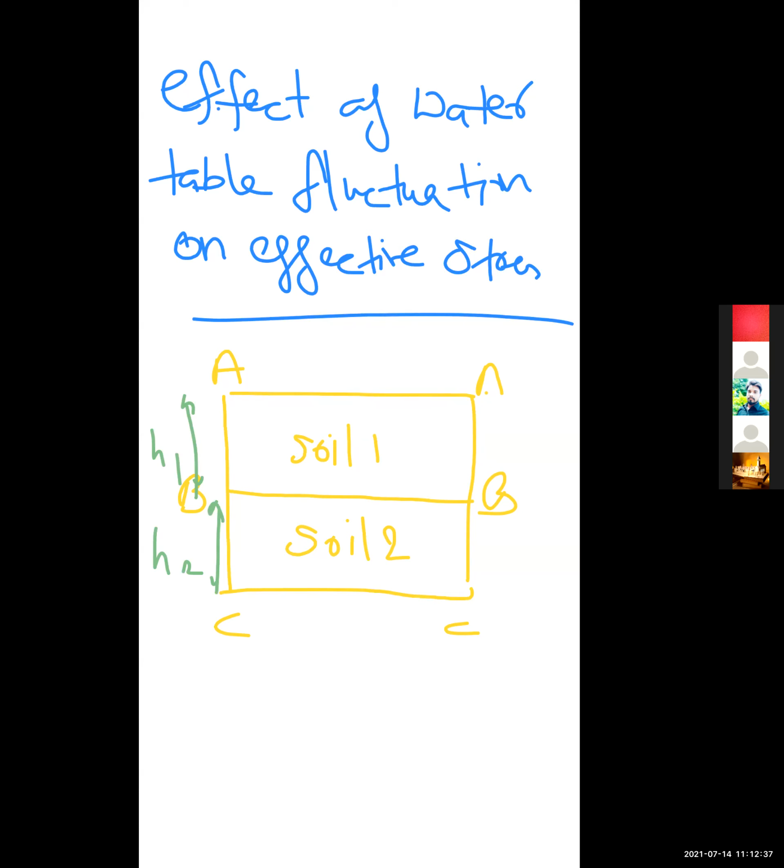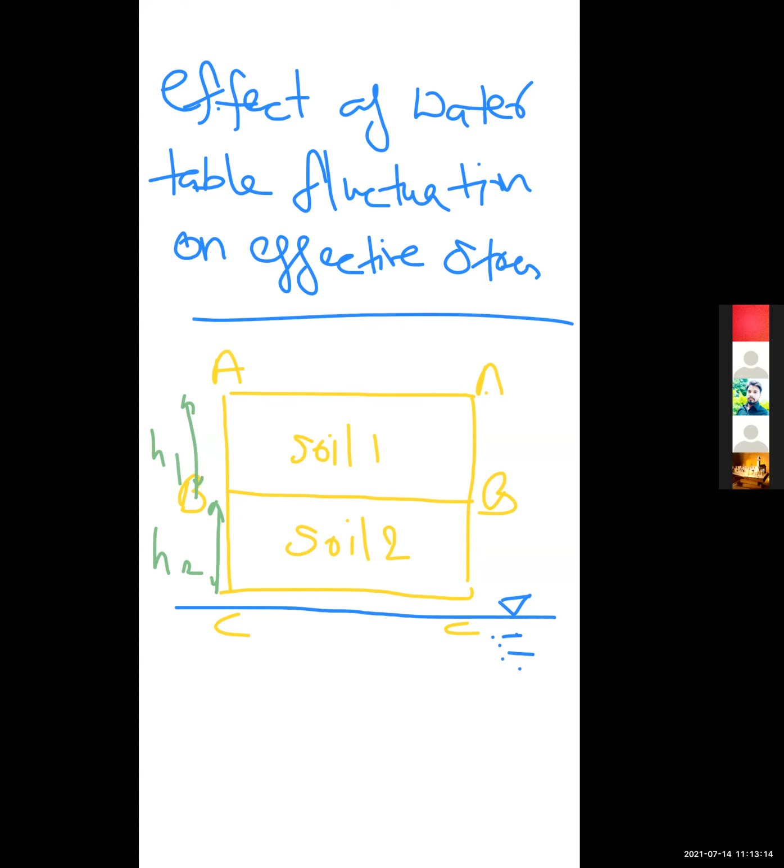Okay, so now introduce the water table level. If the water table is present here below CC, then what is the effective stress, total stress and pore water pressure at layers AA, BB and CC before the water table and after the water table is introduced? Is there any change in effective stress?